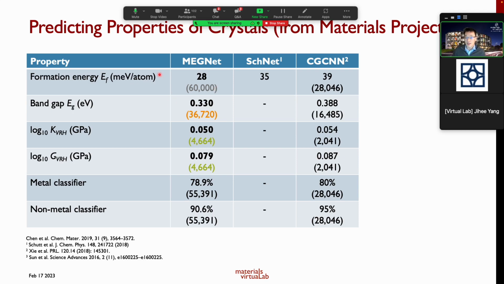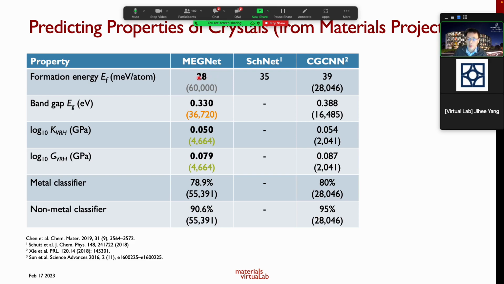Now, it turns out that MEGNet models, or graph deep learning models in general, are extremely effective at predicting properties. For instance, we can predict the formation energy of any crystal to within 28 meV per atom. This is actually very good, and I will show you why later. I would say that this number is state of the art.